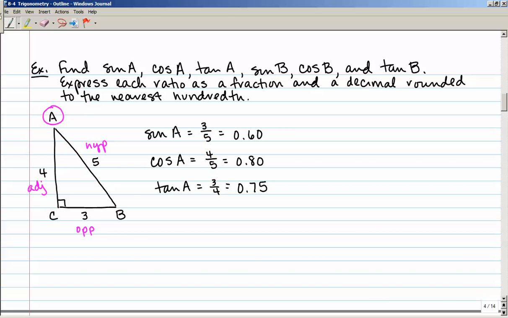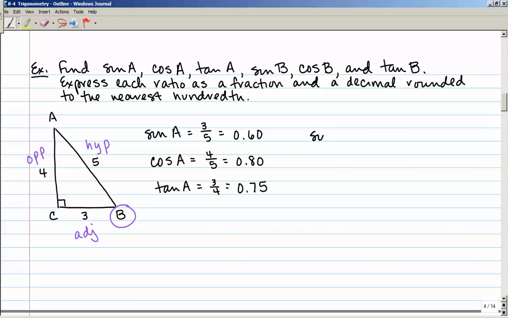Now, I think I'll erase the pink ones so we don't get confused, because now we have to do the same thing for angle B. So for angle B, in relation to angle B, now opposite is 4. Adjacent is 3. And the hypotenuse actually stays the hypotenuse no matter what.